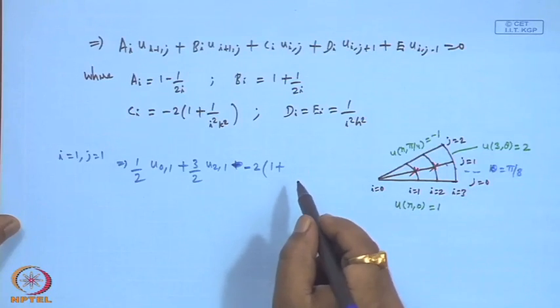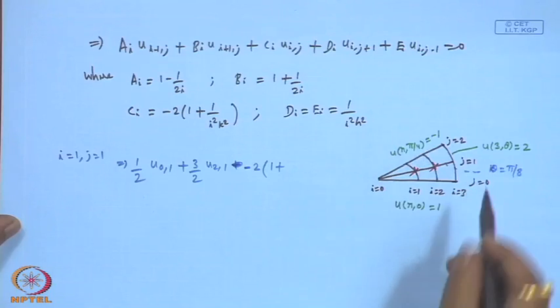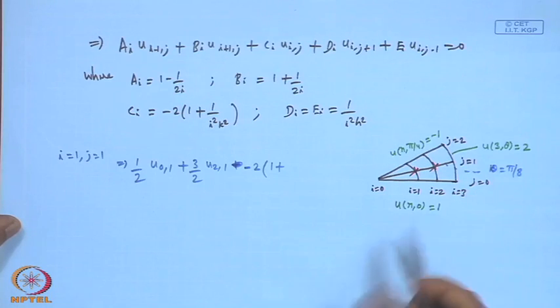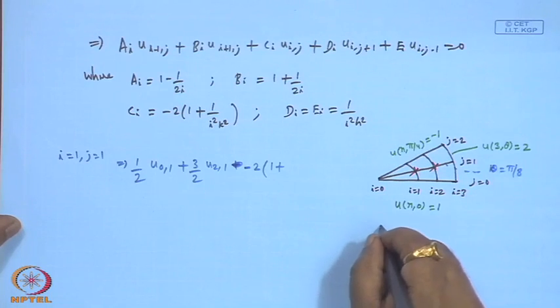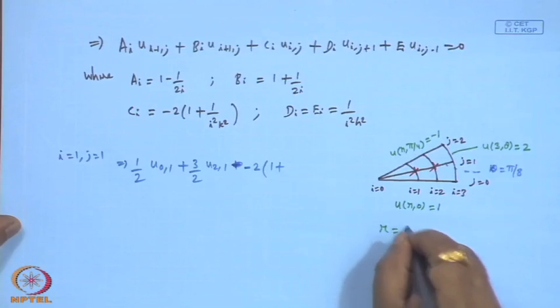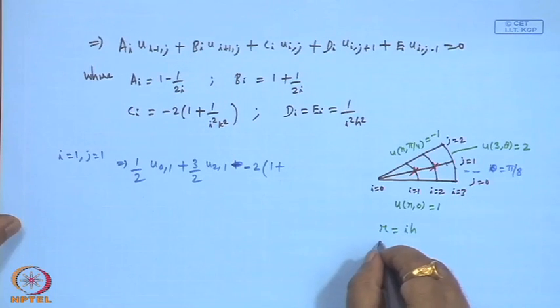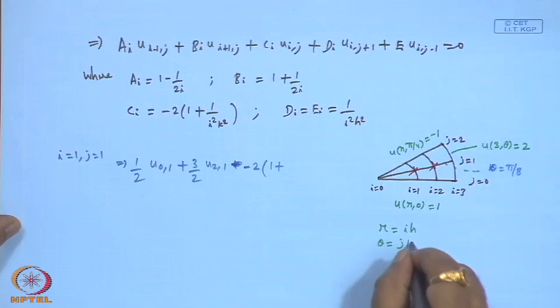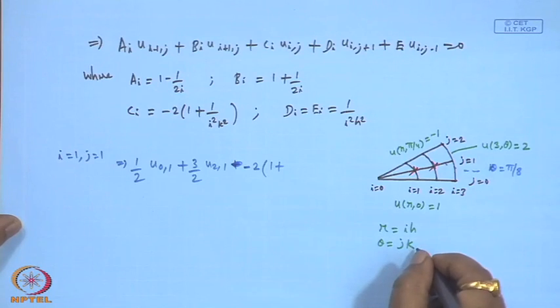So, for the discretization, maybe we can have a quick recall. So, r equals i h, then theta equals j k, right, and what is the step size?